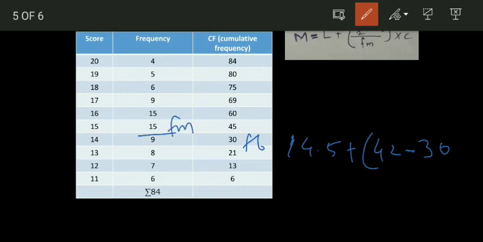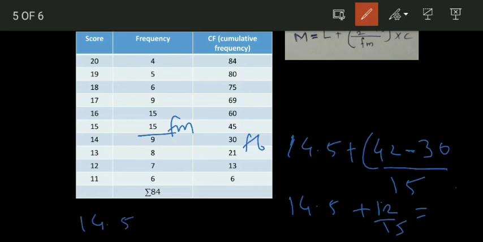What is FM? FM is the frequency of the median class. So it is 15. So 14.5 plus 12 upon 15 is equal to 14.5 plus 0.8, which is equal to 15.3. So this is our median.